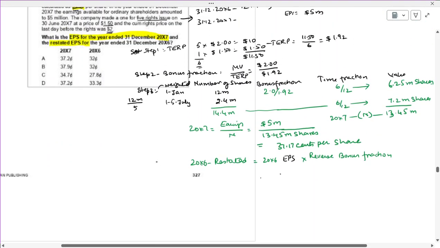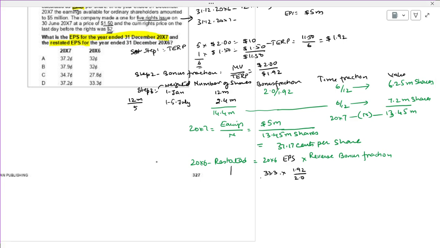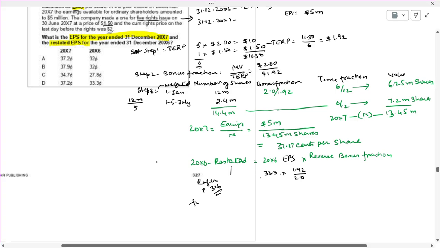Previous year EPS into reverse of bonus fraction is how much? Previous year EPS is 33.3 times reverse of bonus fraction, 1.92 divided by 2. Refer page number 316 for the rule.